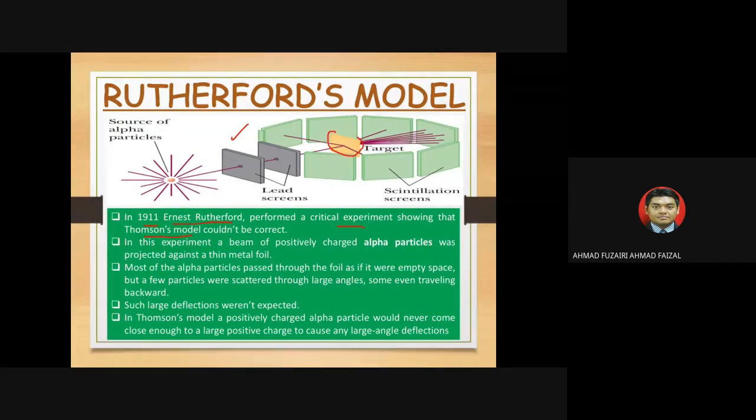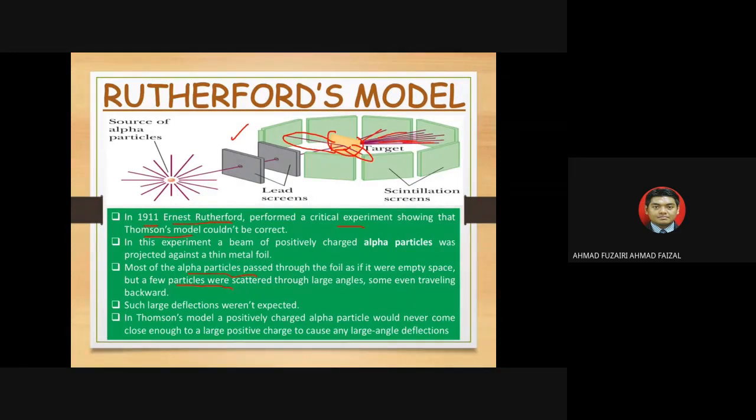As the result of this experiment, most of the alpha particles pass through the foil as if it were empty space, but a few particles were scattered through a large angle, and some even traveled backward, toward the source.